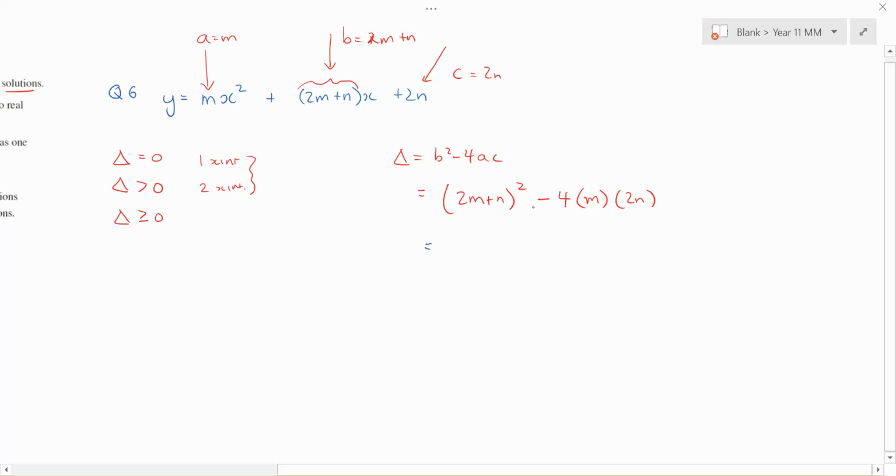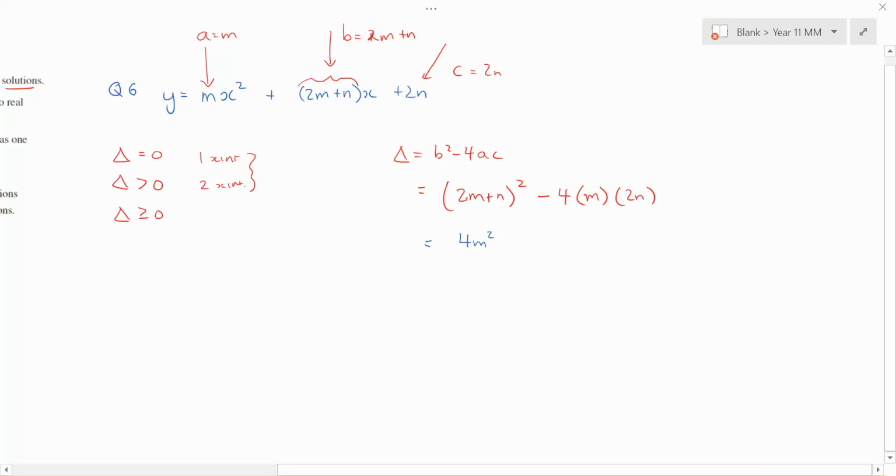I expand it, which gives me 4m squared, then double 2m times n, so plus 4mn, and then square the last term, plus n squared, minus 4 times m times 2n, which is 8mn. Simplifying, 4mn minus 8mn gives negative 4mn, plus n squared.